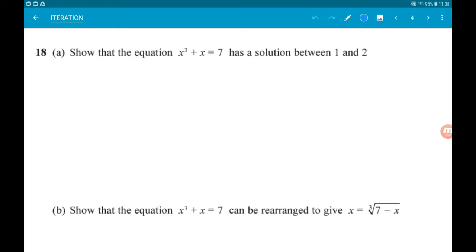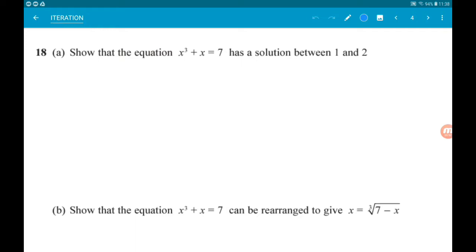So what we're going to do is substitute in x is equal to 1, see what we get. Substitute in x equals 2, see what we get. Now, if this is true, one of the values that we get will be less than 7. One of the values we get will be greater than 7.